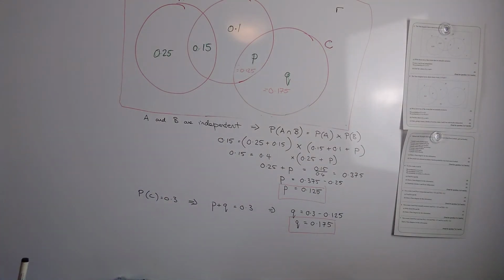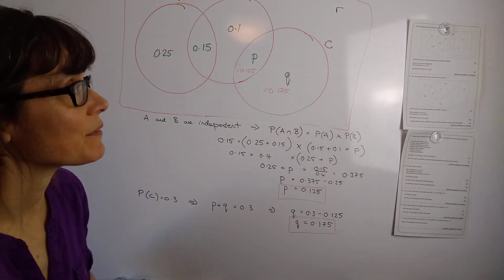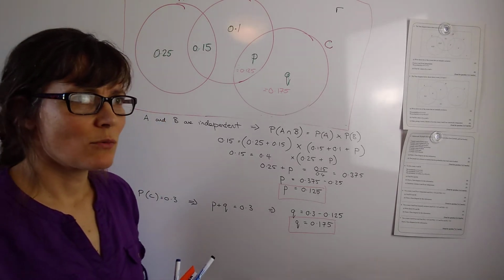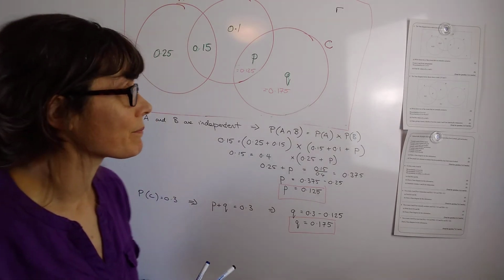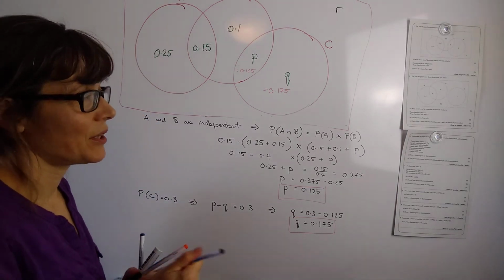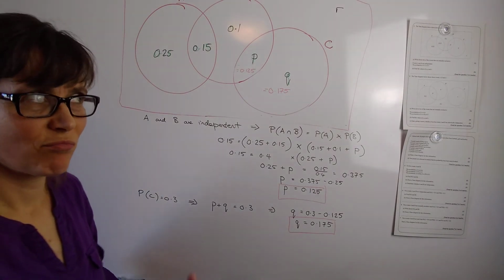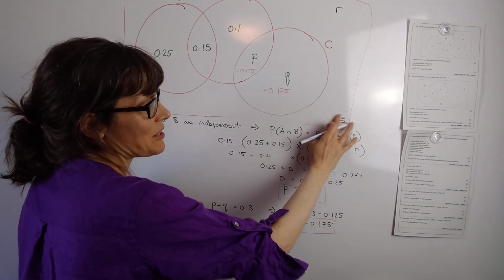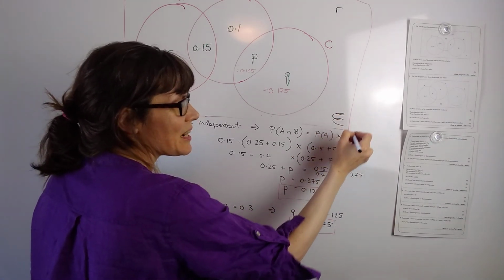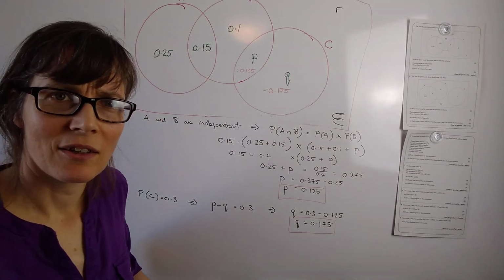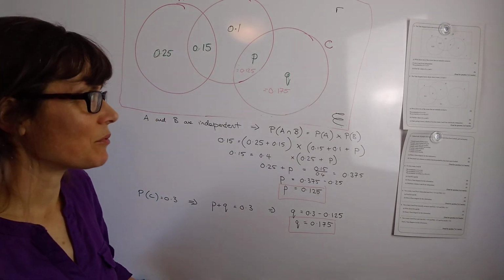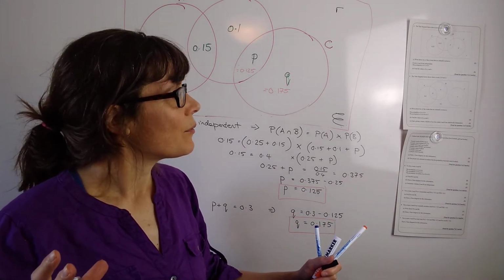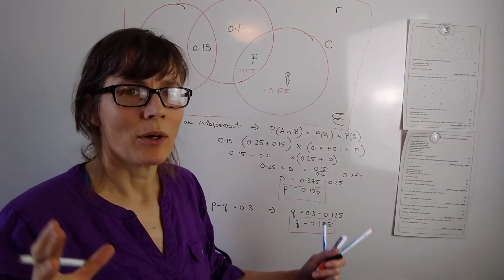So finally R. Now we haven't been given any third piece of information, so we have to think about how we find R. The one fact that we know with probability that is going to be useful, which is going to come up in tomorrow's lesson, is that we sometimes see this sort of curly E here, and this is our sample space, our set of people that we've asked, or the total population that we're asking. So that is everyone in our group.